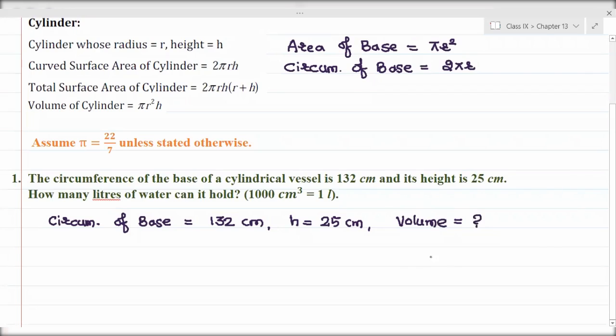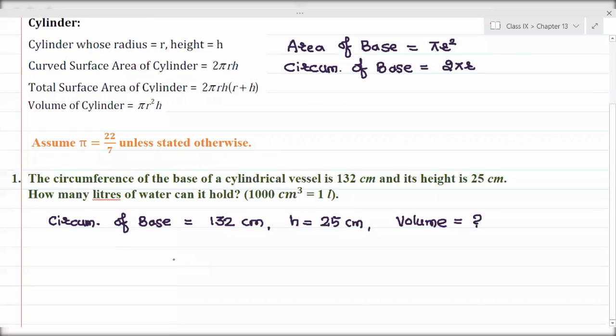Second, the volume will come in the form of centimeter cube, and we have to convert it afterwards into liters. The relation is given: 1000 centimeter cube is equal to 1 liter. Remember, this relation may or may not be given to you in the examination, so you need to remember it on your own. It is given in this question, but it doesn't mean that each and every time this relation will be given to you.